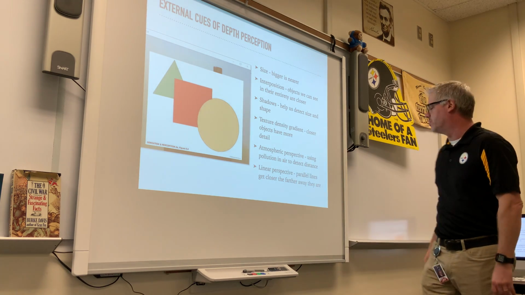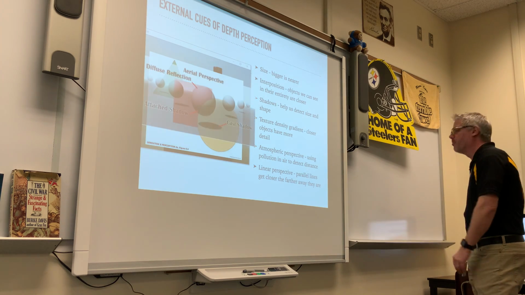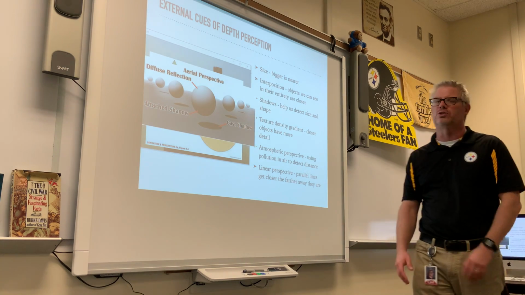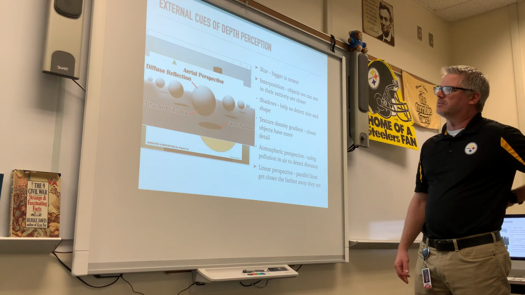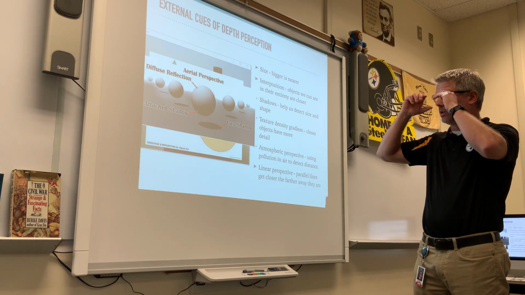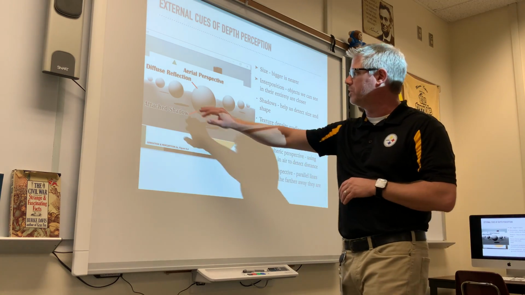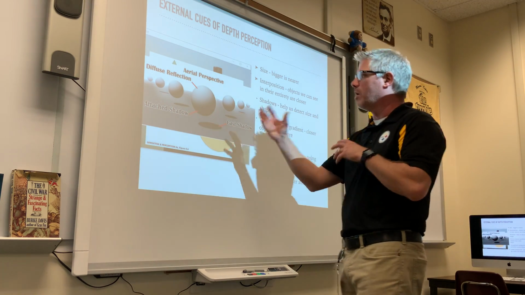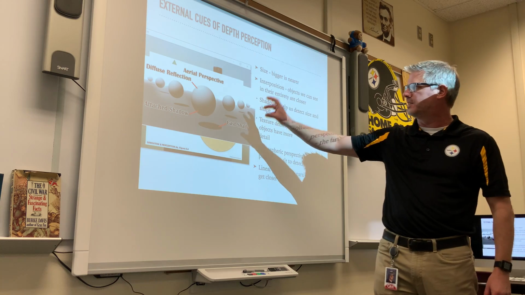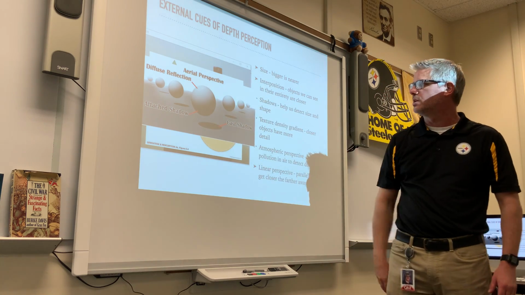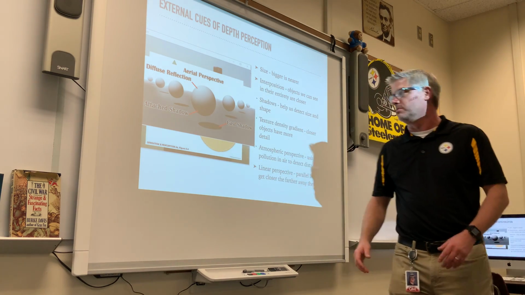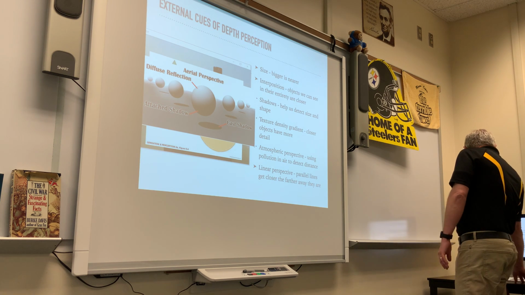And with shadows, our brain can also determine depth. This picture doesn't necessarily explain it, but based on where these shadows are falling, our brain can measure certain things about the depth of these different spheres, and even their shape and some other things too.